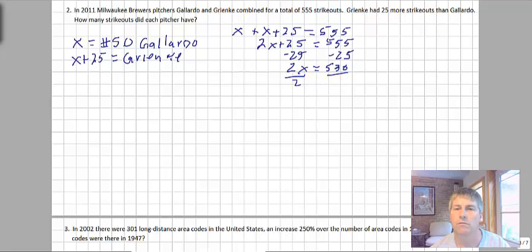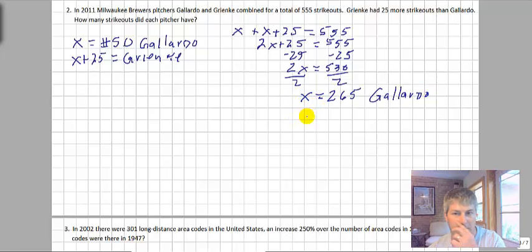Divide by 2, because we want to solve for x, Gallardo's strikeouts. x equals 265. So apparently Gallardo had 265 strikeouts. So that's Gallardo. Good job, Giovanni. And Greinke had 25 more, which would be 280 strikeouts for Greinke. Not too bad.